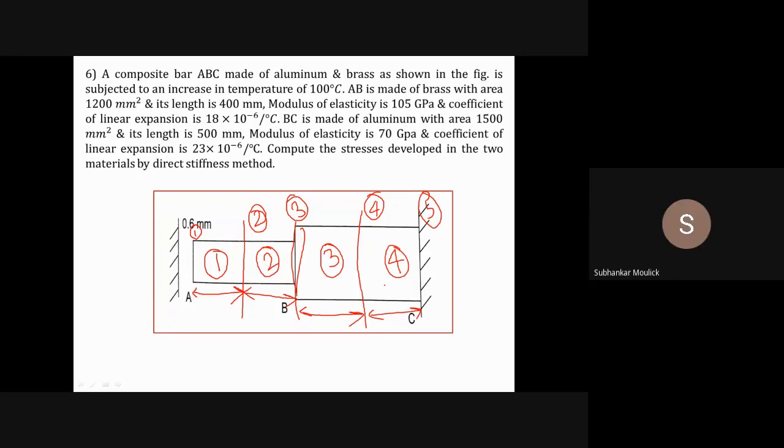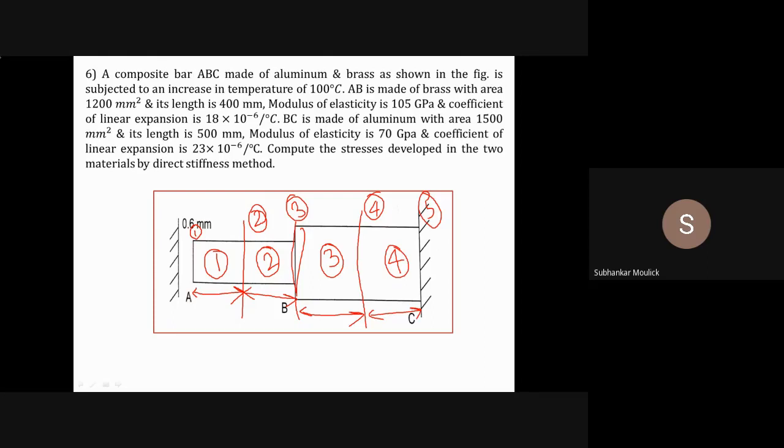How come 6 by 6? Total 5 nodes are present. Oh, sorry, sorry, sorry. 5 by 5. Four elements are there. So the size of the final global stiffness matrix will be a 5 cross 5 matrix. 5 rows, 5 columns. Each row and each column represents a particular node.